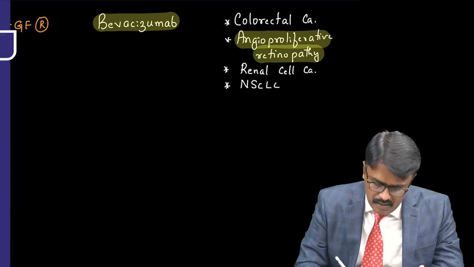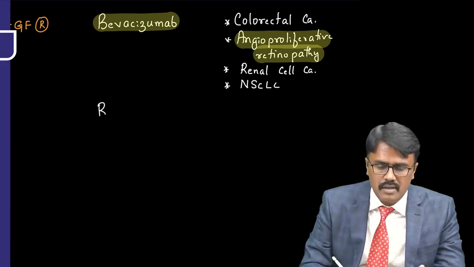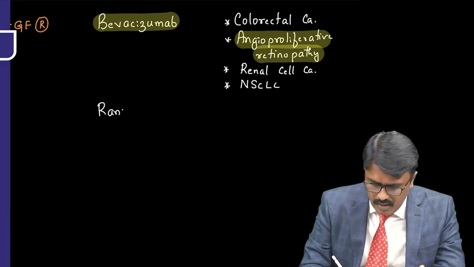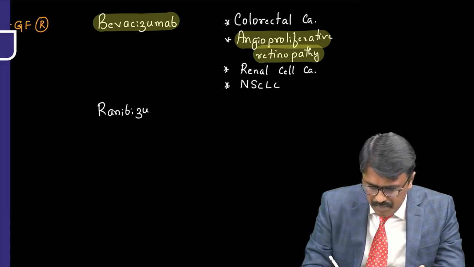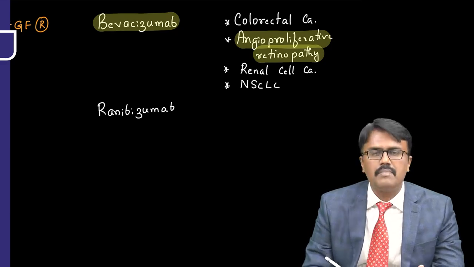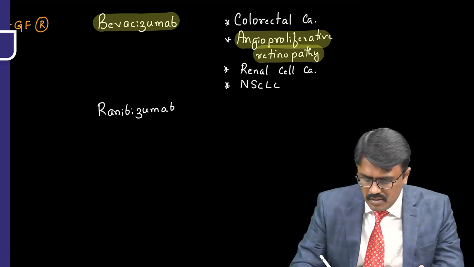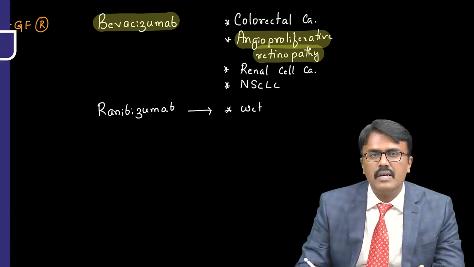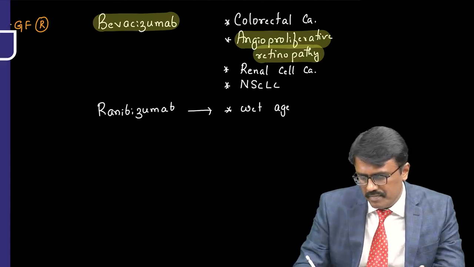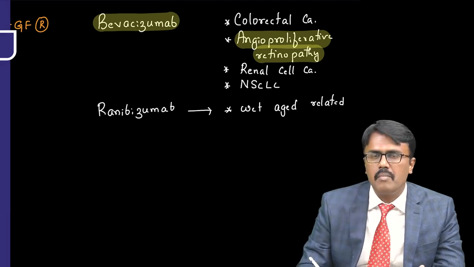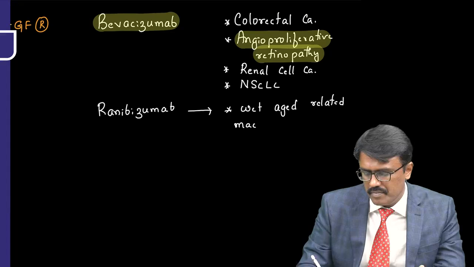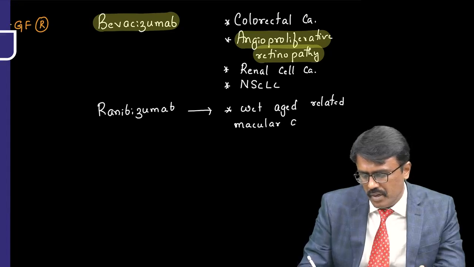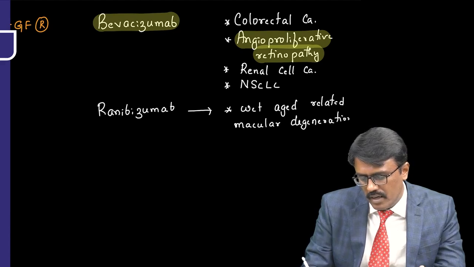Similarly, we have another drug which blocks the vascular endothelial factor. It is called ranibizumab. Where to use it? The drug is used in the wet age-related macular degeneration, and the drug is called ranibizumab.